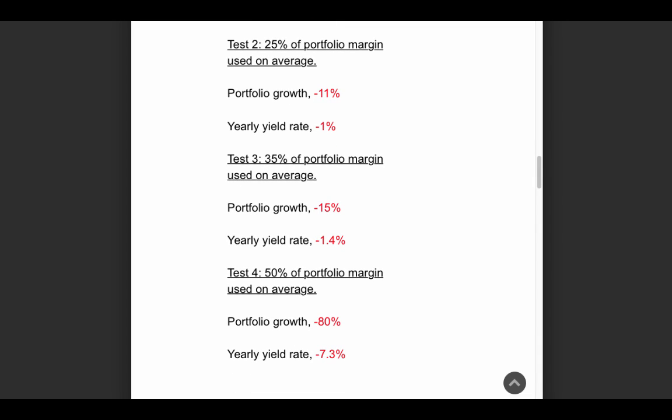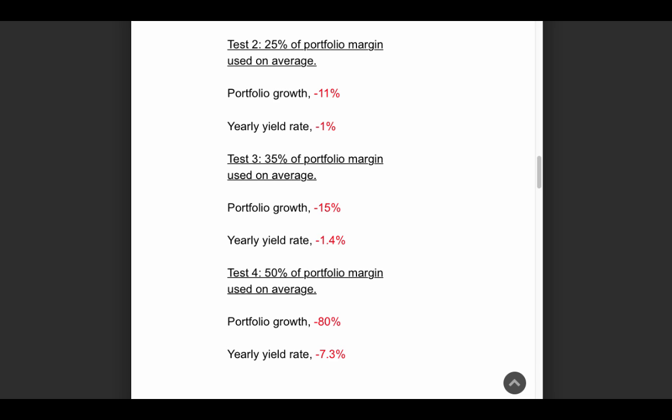Okay, so we bumped up the next test to 25% of the portfolio margin account. And over the 11-year span, the trade resulted in an 11% loss, which was an average of 1% loss per year. Then we increased to 35%, and this resulted in a 15% loss over the 11-year span.